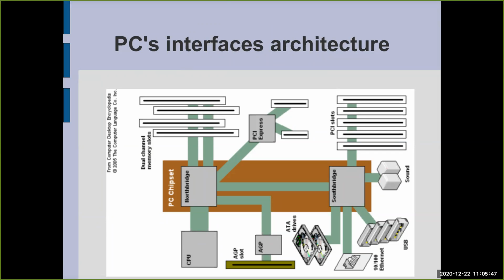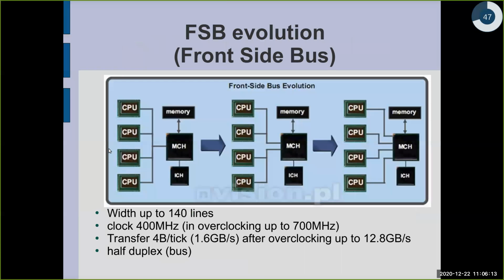If you buy a main board with a bad chipset and a very good processor, you lost a lot of money, because the chipset determines the real speed and performance of the processor and other peripherals. We have a chipset which communicates with memory and other devices, and the north bridge will communicate with the south bridge and so on.